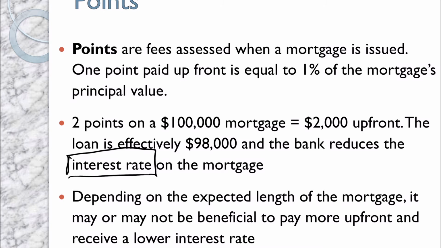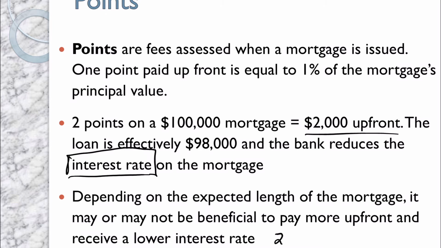But going back to this third bullet, depending on the expected length of the mortgage, it may or may not be beneficial to pay more upfront and receive a lower interest rate. Basically, you would want to find the present value of the savings and then compare it to the amount of points that you'd be paying upfront. It's all about the present value of the future cash flows compared to that upfront cost.